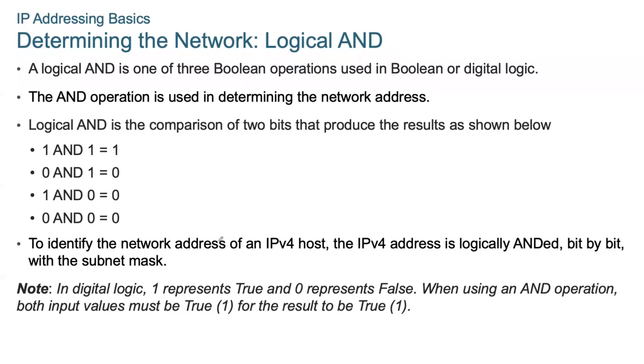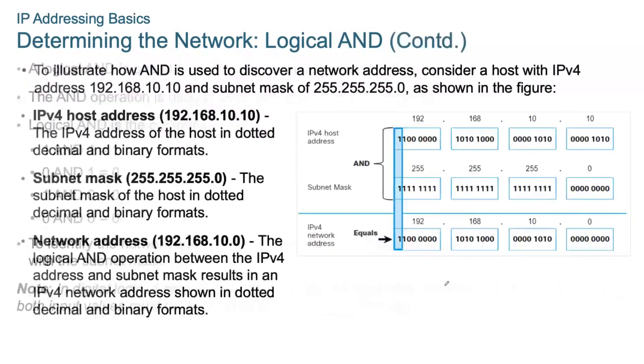So by doing this, to identify the network address of your IPv4 host, you logically AND bit by bit with the subnet mask, so that you can differentiate the network address as well as the host address.